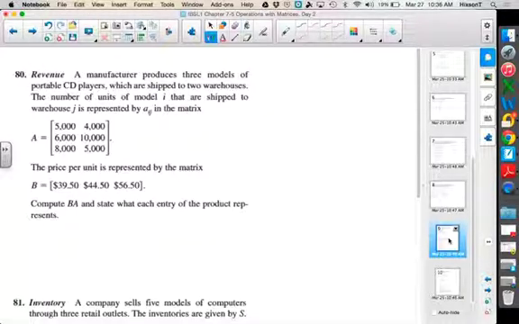So looking at this matrix A, what do the rows represent? The models of CD players. There are 3 models, and the 2 columns represent what? The warehouses. Yeah.